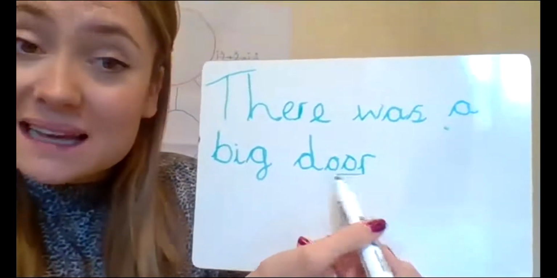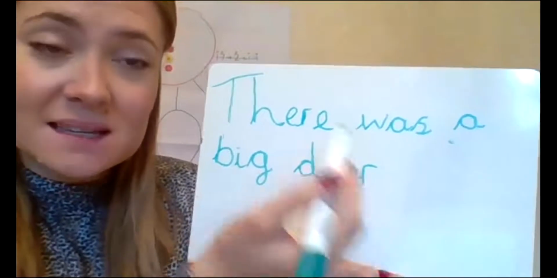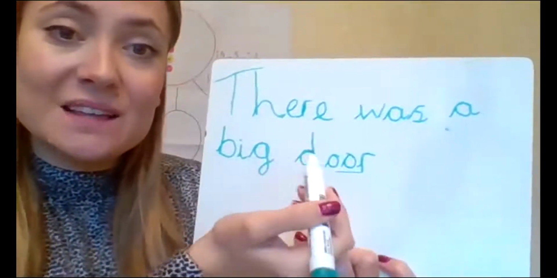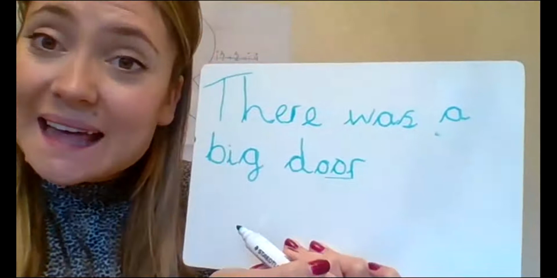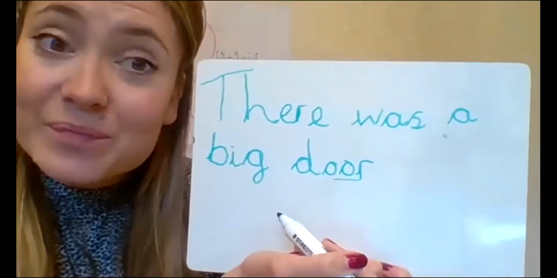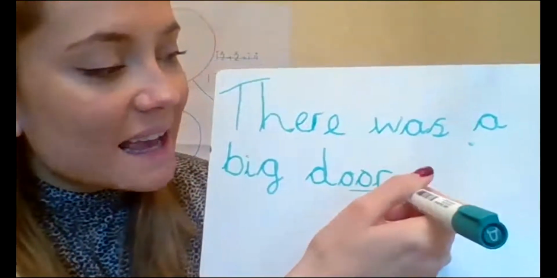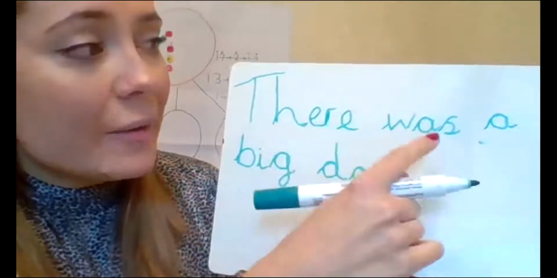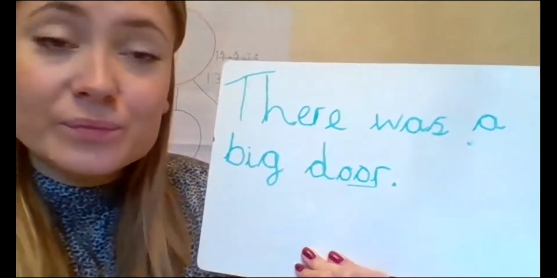D-o, and it's got 3 letters there that make the or sound at the end. There was a big door. What do I need at the end of my sentence? Can you tell me? That's right. I need a full stop. There was a big door.